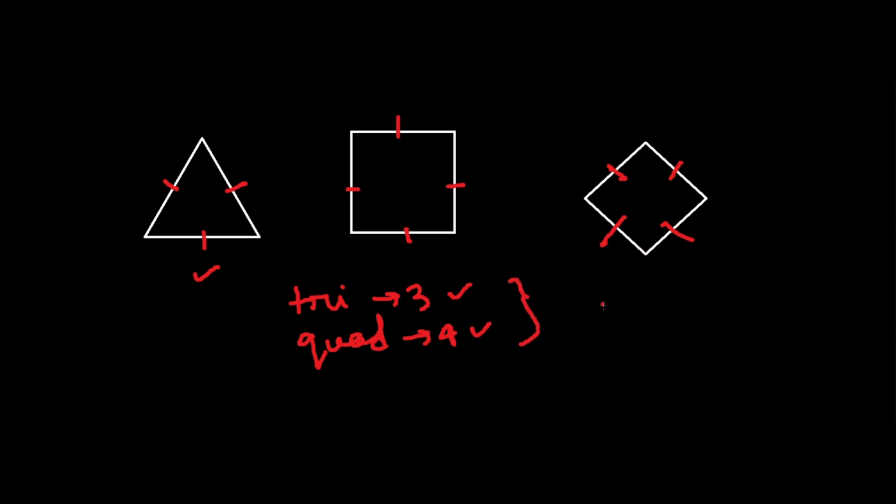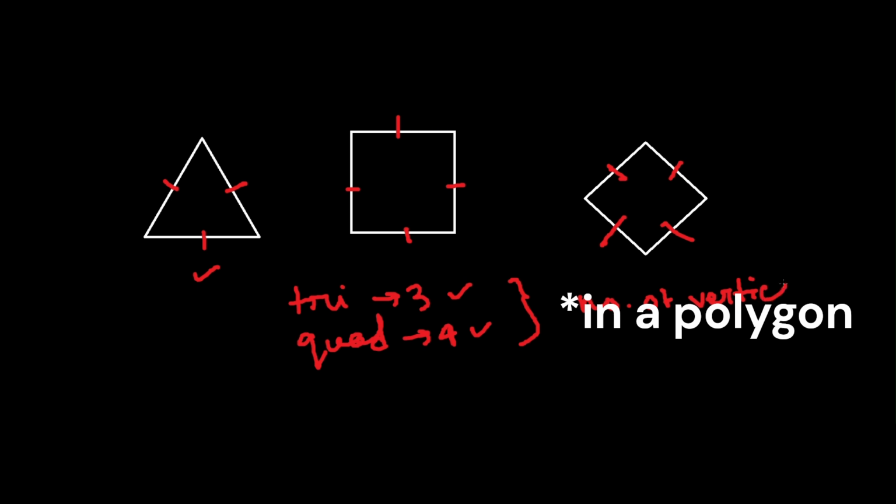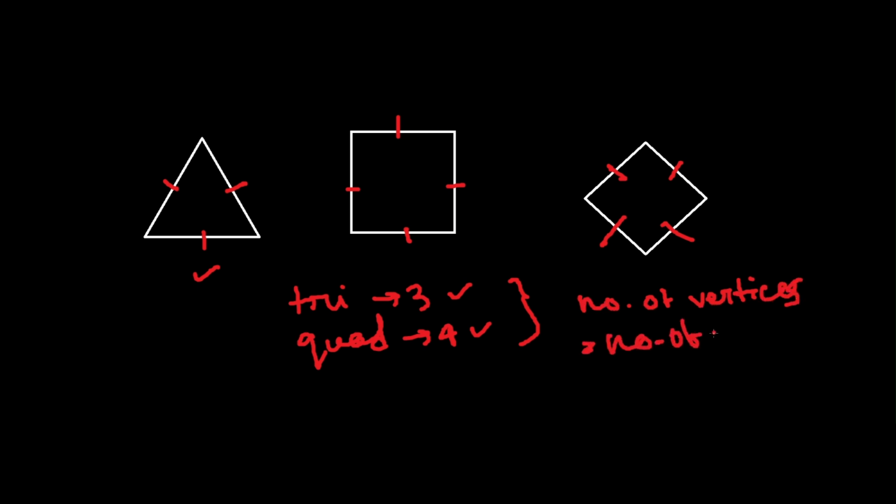Another thing we need to know is that in a quadrilateral, the number of vertices is equal to the number of sides. So we can see there are 1, 2 and 3 sides in a triangle.